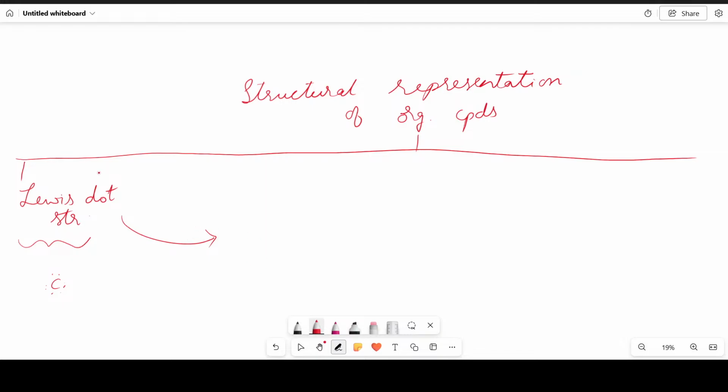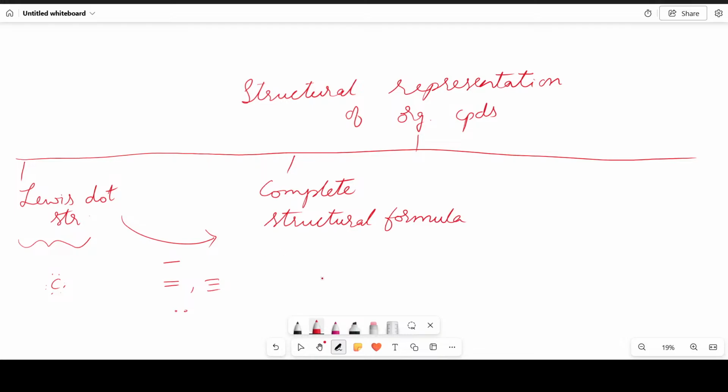So it is simplified by writing each pair of electrons which makes the covalent bond, that is single, double or triple, and show the lone pair of electrons on the heteroatom. So this is called the complete structural formula.